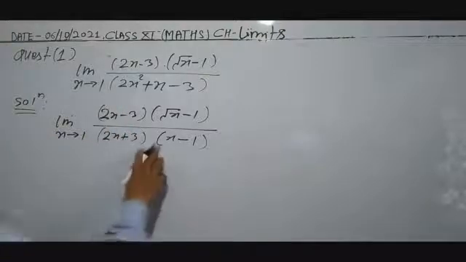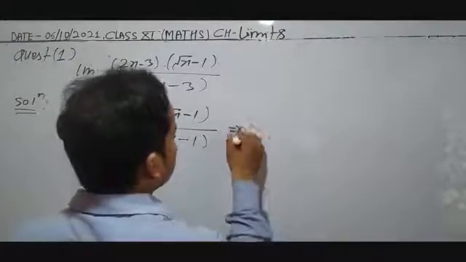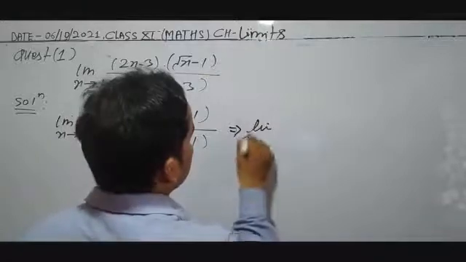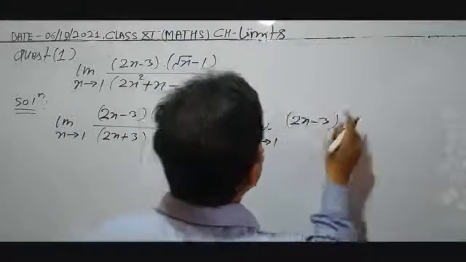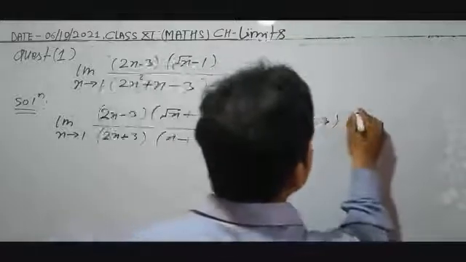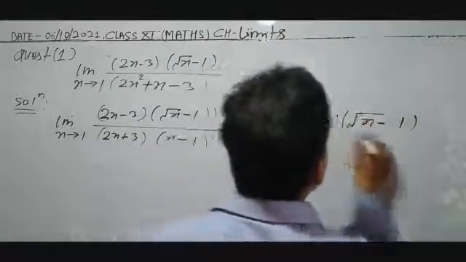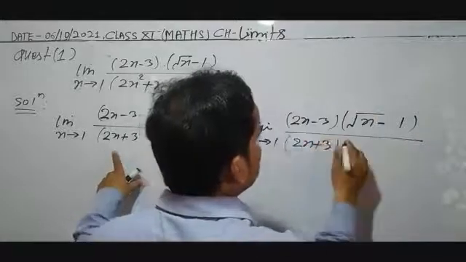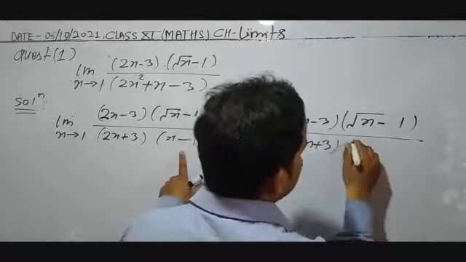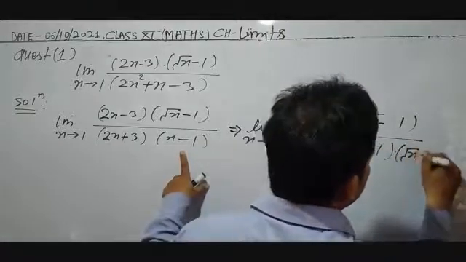Now this one we can write as limit x tends to 1, (2x minus 3) root over x minus 1 whole upon (2x plus 3), and this x minus 1 we can write as root over x minus 1 into root over x plus 1.